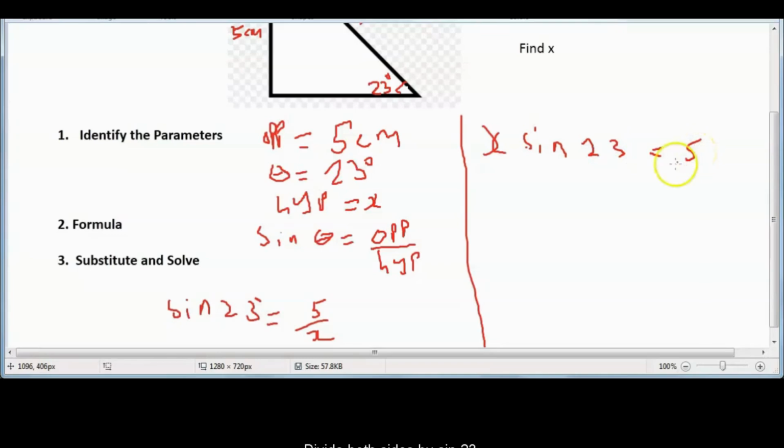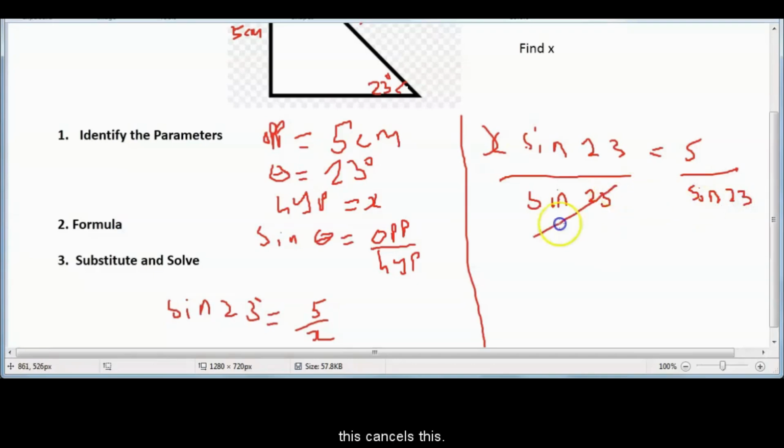Now divide both sides by sine 23. So if this cancels this, you are left with x is equals to 5 over sine 23.